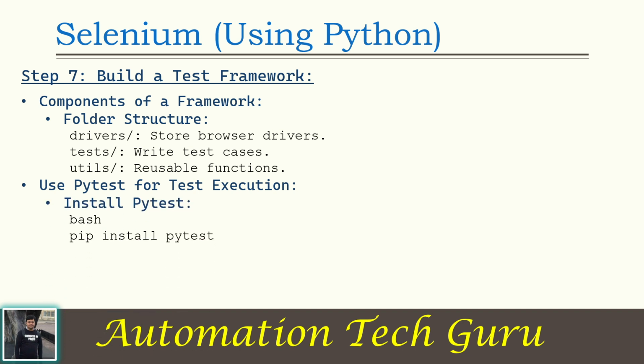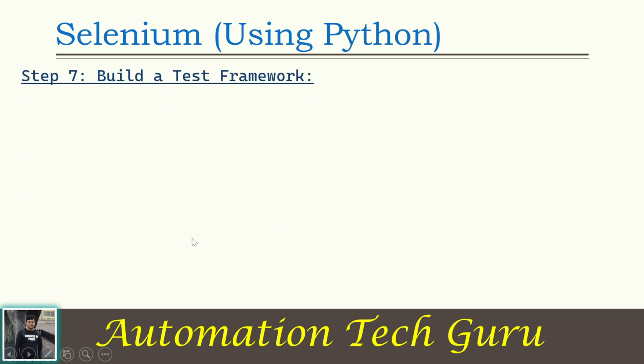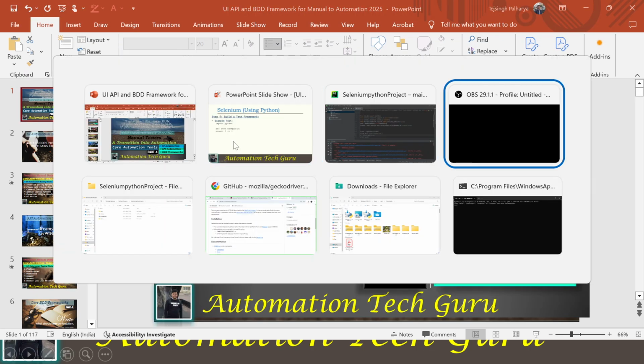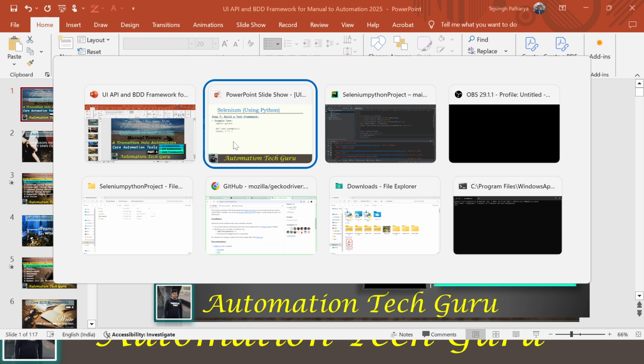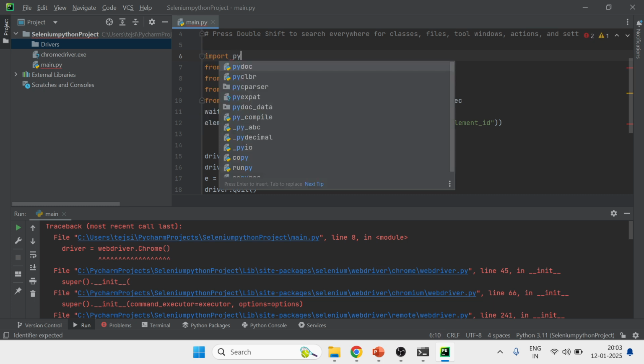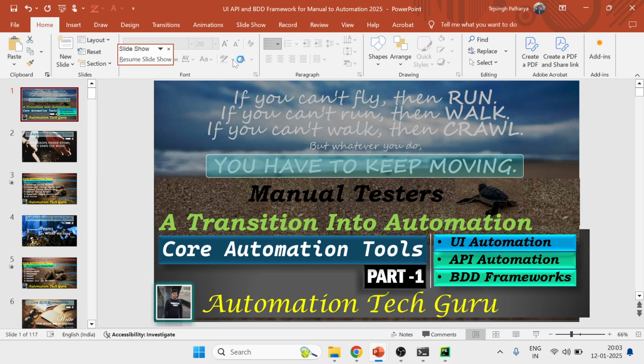So you need to install the PyTest. And how you can use that? You can use pip install pytest and then build a test framework. So for that you need to import the PyTest. So what we can do? We can directly install from here. We can use here import pytest.